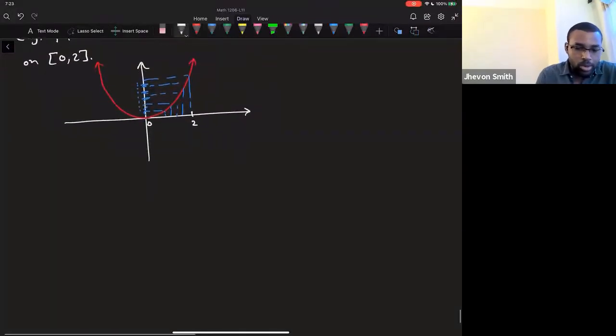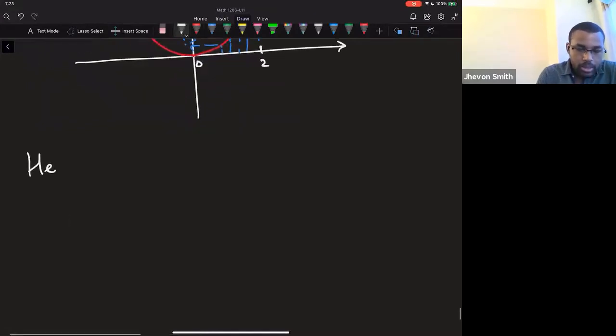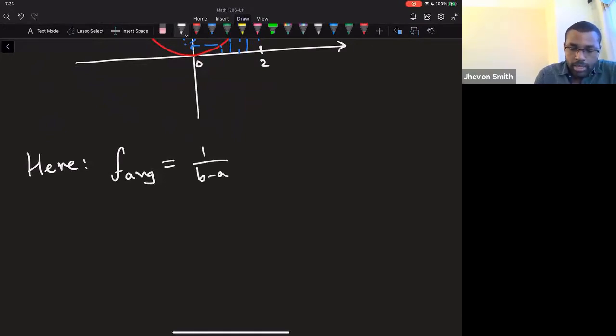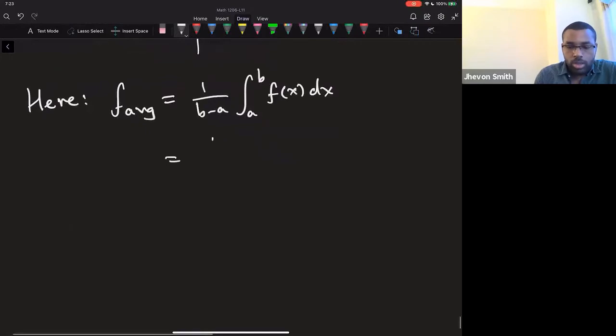Here, we would simply go with the formula. The average output would be 1 over b minus a times the integral from a to b of our function. This is going to be 1 over 2 minus 0, integral from 0 to 2 of x squared.